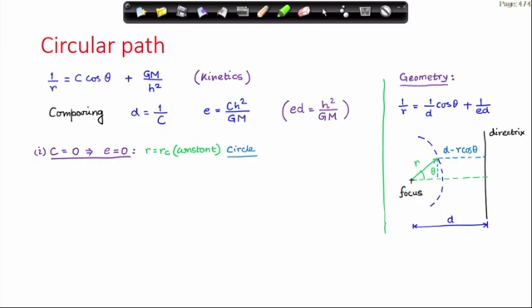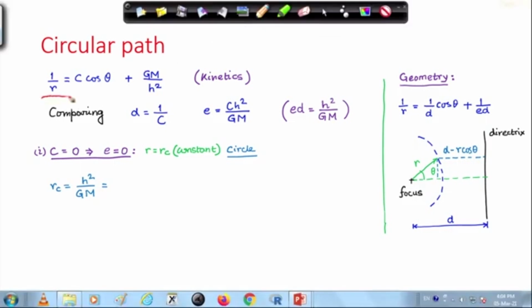Therefore, if the eccentricity E is 0, then c is 0, and hence the locus is a circle. You can find the radius of the circular locus precisely from this equation by just putting c equal to 0, which gives h square by g m.